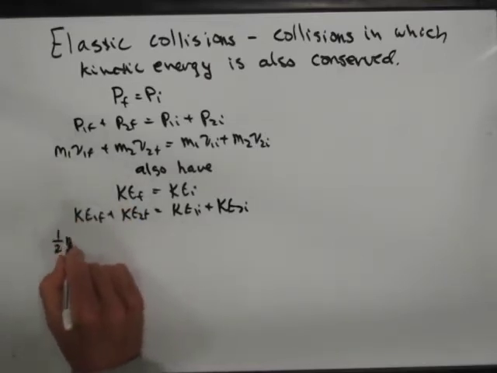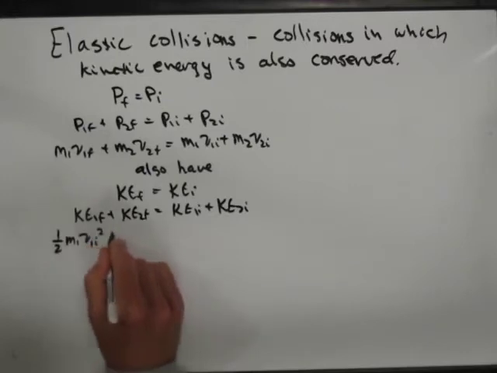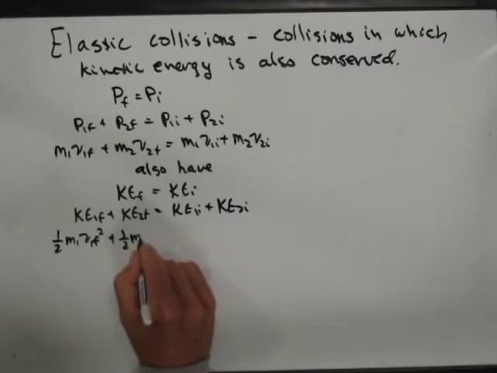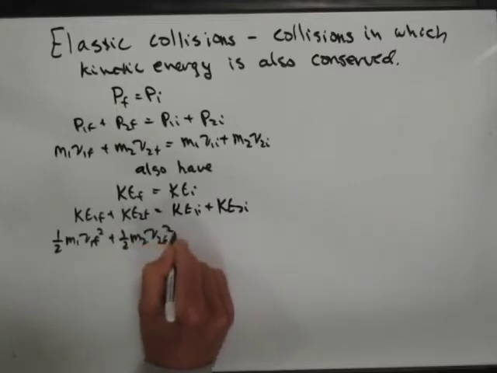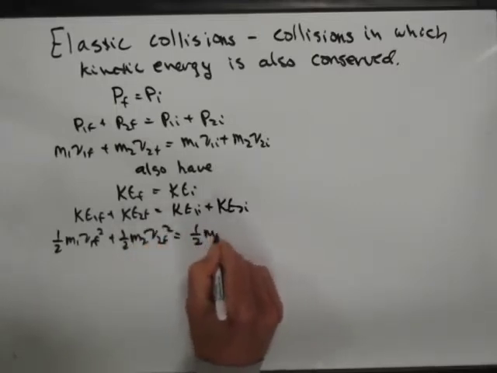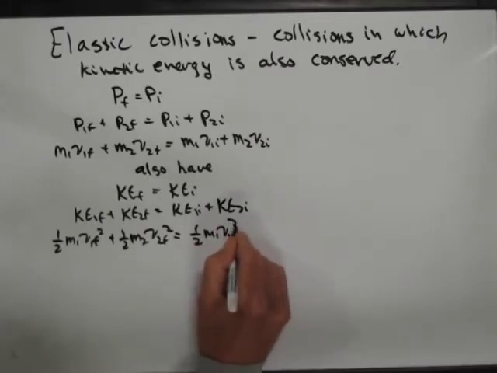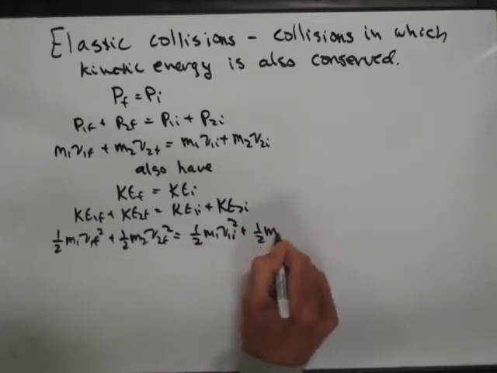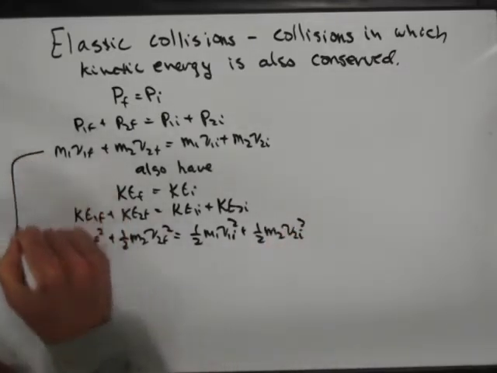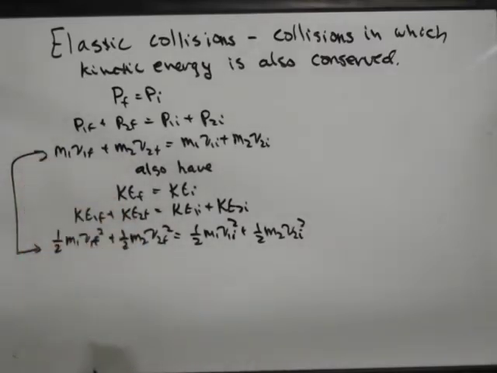This is 1/2 M1 V1 final squared plus 1/2 M2 V2 final squared equals 1/2 M1 V1 initial squared plus 1/2 M2 V2 initial squared. And so now I would have two equations that I could use to solve my problem instead of one. Notice, by the way, all the halves would cancel out. And so you can combine these equations.